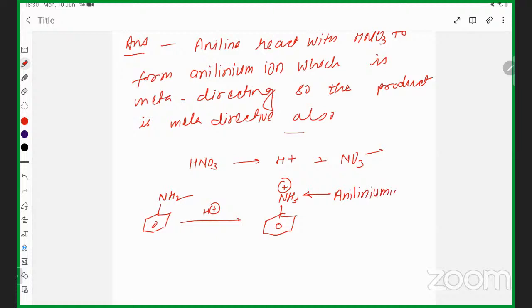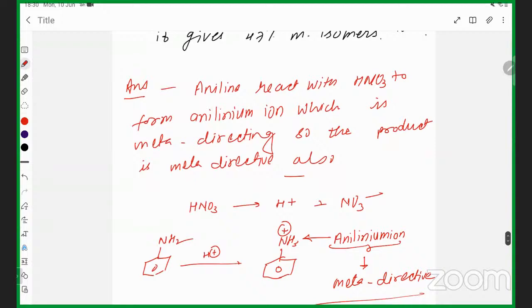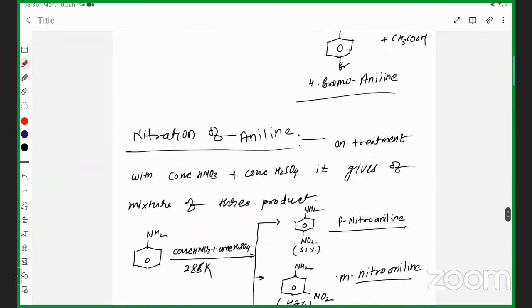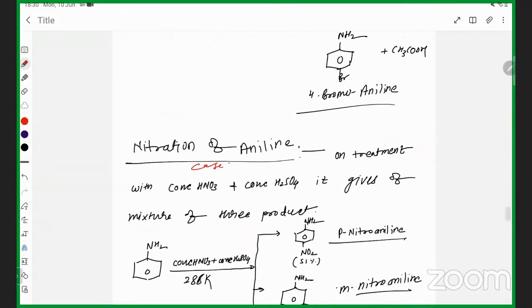This anilinium ion is going to be meta directive. Since it is meta directive, it can give meta nitroaniline also. So this was case 1 for aniline nitration.